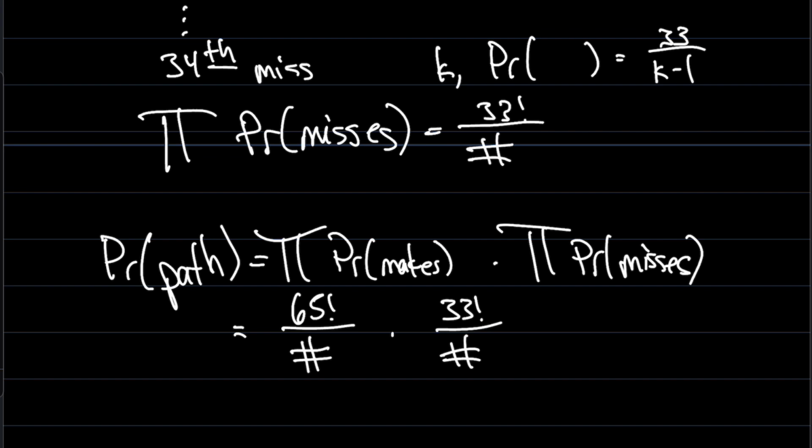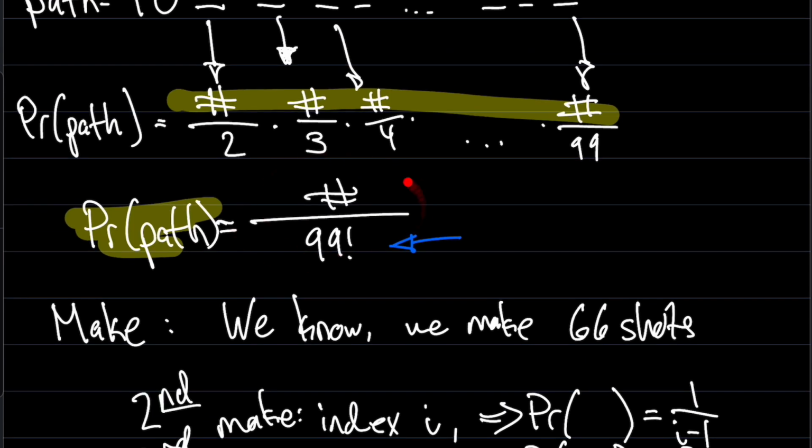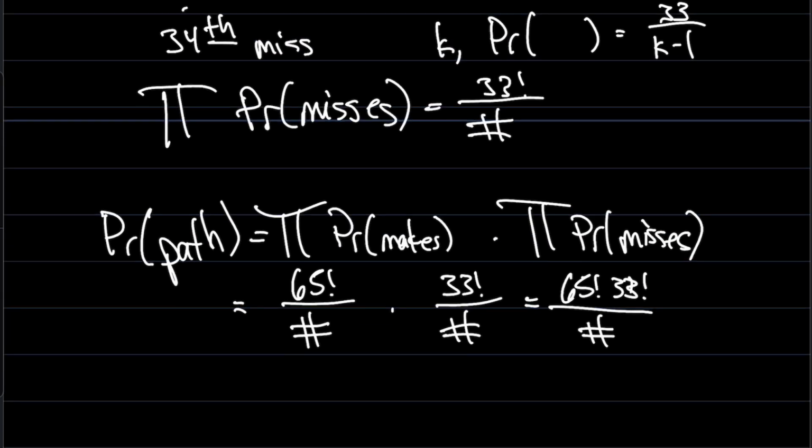But this is great, because then we could just combine this. We have our 65 factorial, 33 factorial over some number. And we also know, remember, that we have this already equal to some number over 99 factorial. And because these are the exact same quantities, we can say that this is also equal to some number over 99 factorial. But we don't need these numbers anymore then. We don't need to use these, because we know exactly what those are.